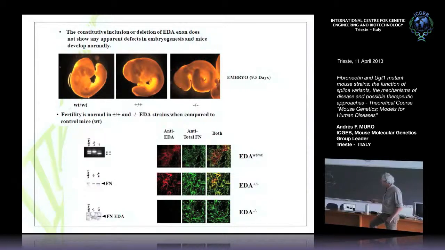In this picture you cannot see it because these are fibroblasts derived from the animals which do not contain the exon. And this is the expression of the gene. You can see that in MEF you have full inclusion in the animals which contain the mutation that optimizes the splicing site, and here you don't have it. And this is the wild-type case.